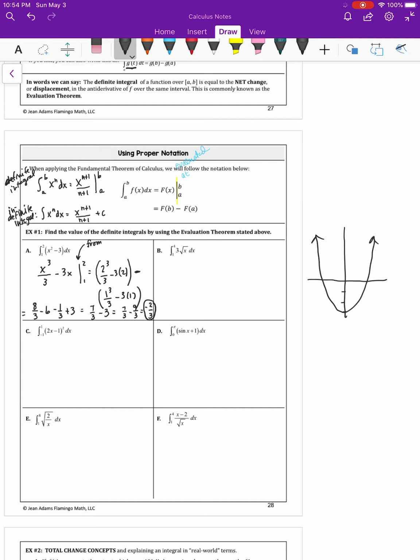And just to get an idea of what they're saying here, this is 1, 2, 3. This is the function y equals x squared minus 3. They want to know what it is from 1 to 2.